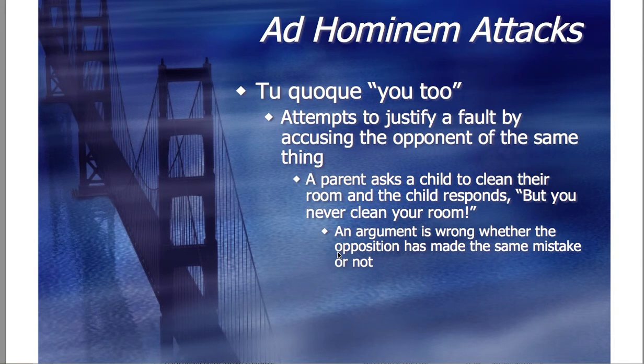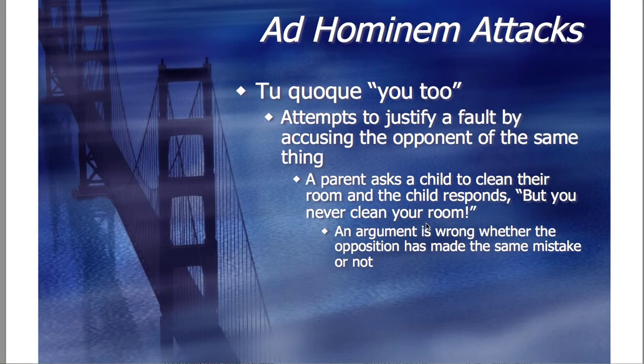This example is one we can certainly all relate to, whether we've been the parent or the child doing this. The parent asks the child to clean their room, and the child responds, "But you never clean your room." So the argument is wrong whether the opposition has made this same mistake or not. The parent is telling the child to do something.